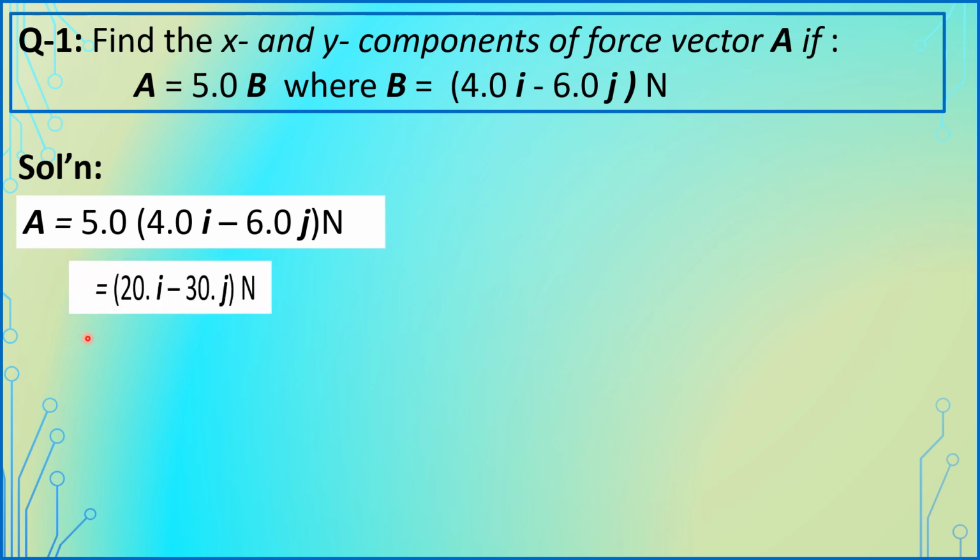Simplifying, we say that vector A is equal to 20 with two significant digits, 20i minus 30j, expressed in the force unit Newton.